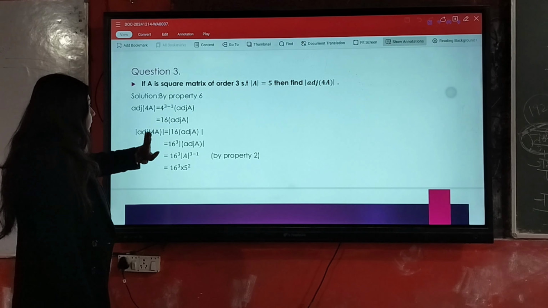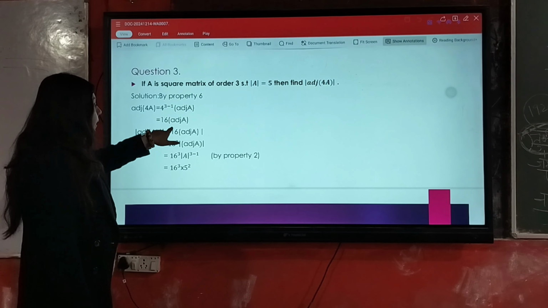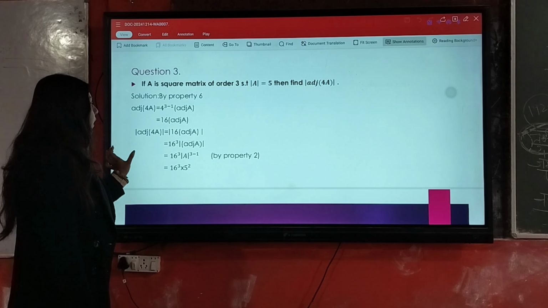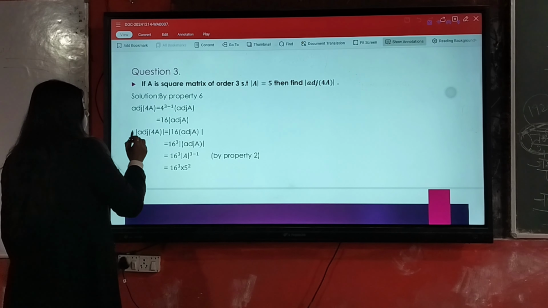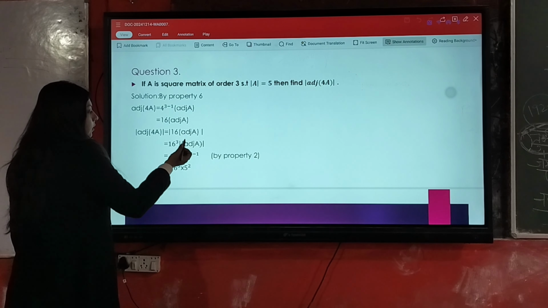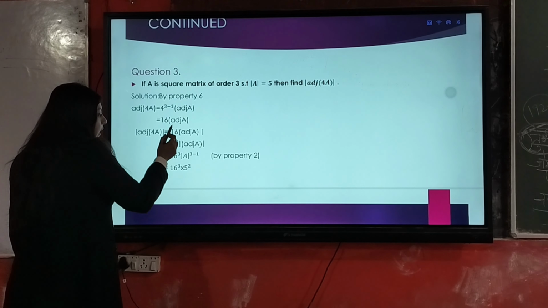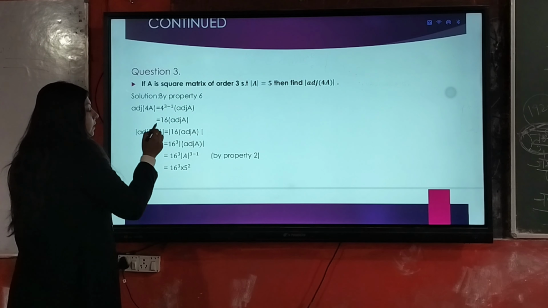First we have to calculate this. So 4 to the power 2 is 16 times adjoint of A. What we have to find is the determinant of this, so we take the determinant on both sides. But here we take the scalar part, that is 16, out of the determinant, and we have to take the power 3.